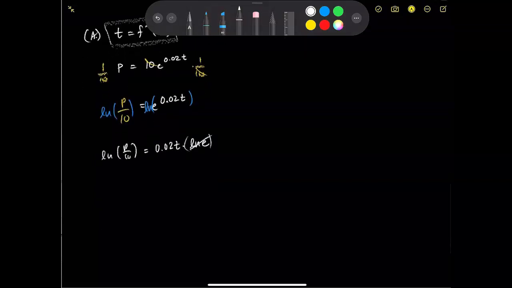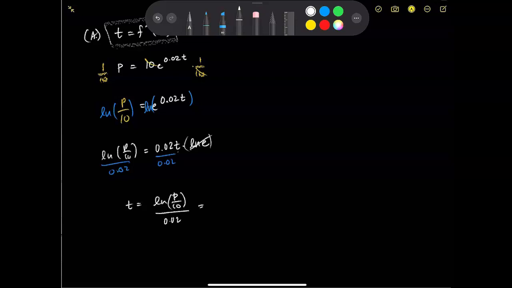So that simplifies down. And then this is now just a linear equation solving for t. So I'll divide both sides by 0.02. And so we'll get t is equal to ln of p over 10 all over 0.02. I'm not really happy with decimals and fractions.